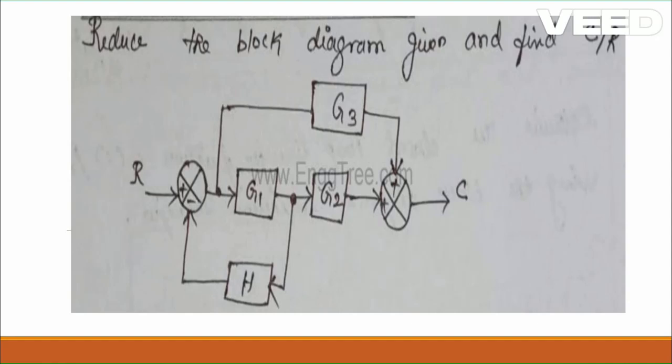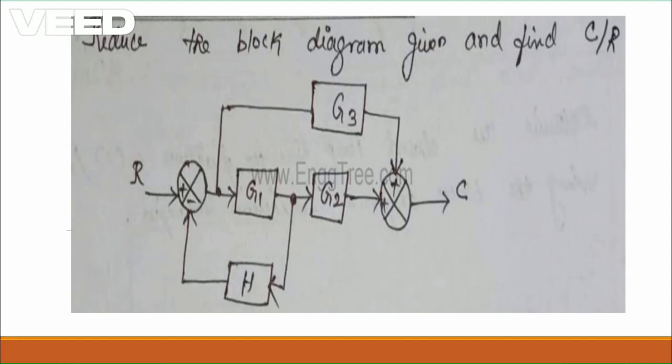In this system, you just look over G3; this is the summing point, and that is the branch point before G1. We need to shift it after G1, so that it shows a closed loop transfer function at G1 and H. If we shift the branch point after G1, we are supposed to include 1 by G1 at the G3 side.